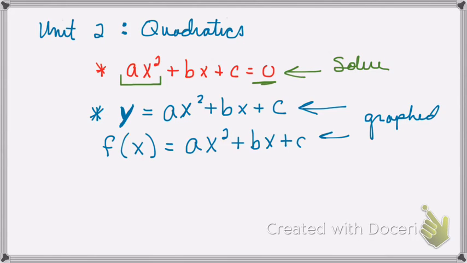Here's a quick example. We might be given an original quadratic like 3x minus 4x squared plus 2y equals 7.